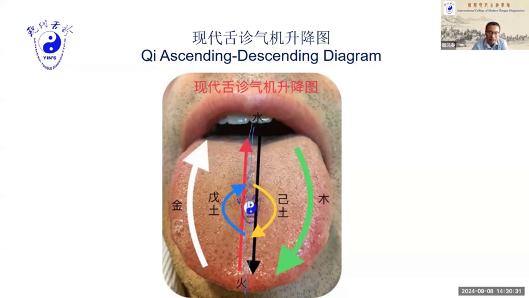If the midline deviates to the left side, showing the left side of the tongue is much smaller than the right side, then we can define this as liver qi shortage or liver qi deficiency, and the lung qi gets blocked, because the liver qi is supposed to ascend, but the smaller side shows there is not enough.